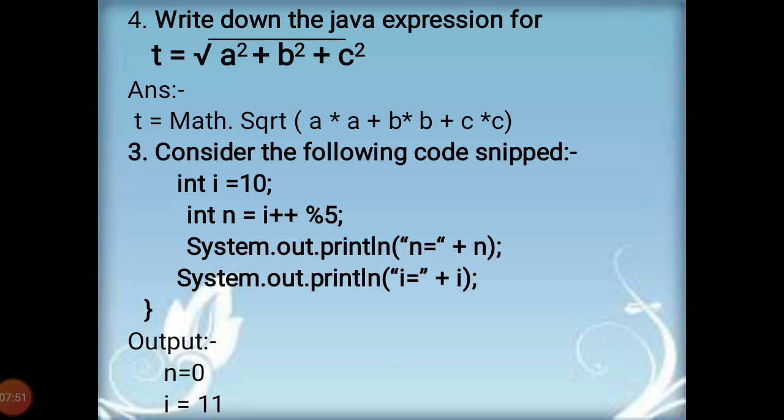So I have used 10 % 5. When 10 is divided by 5, we get the remainder 0. So the value of n is 0, but after that expression the value of i is increased by 1, so i is 11. The final output is n = 0 and i = 11.